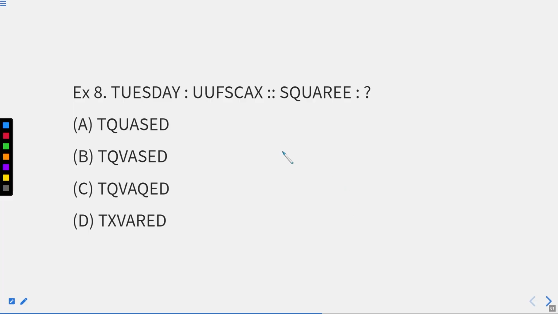So the procedure for solving this question is again the same. Write the question figure first. That is TUESDAY. This is the question. And how it is converted? It is converted like UFSCAY.